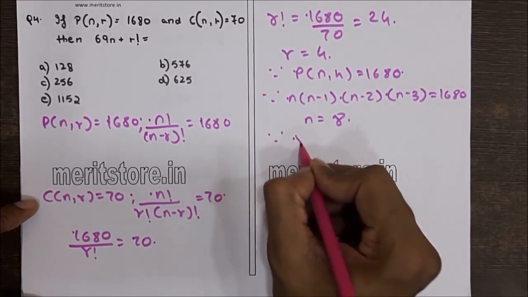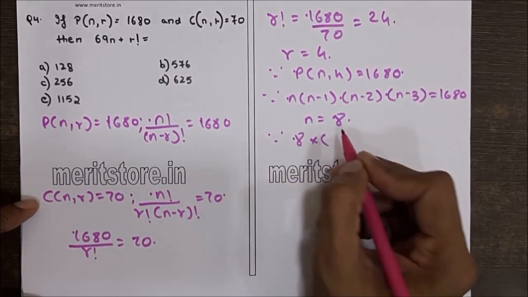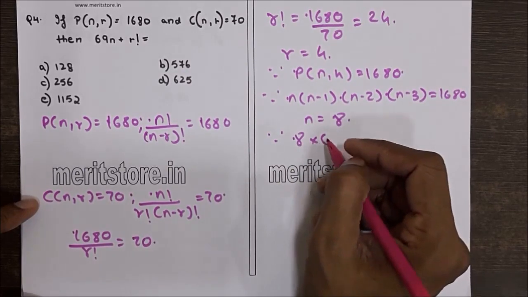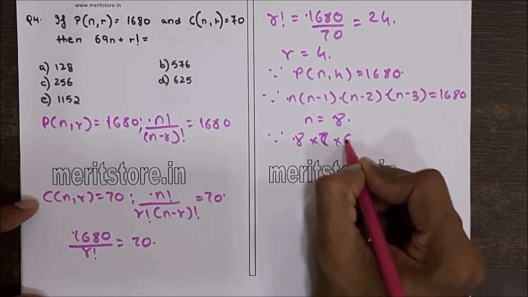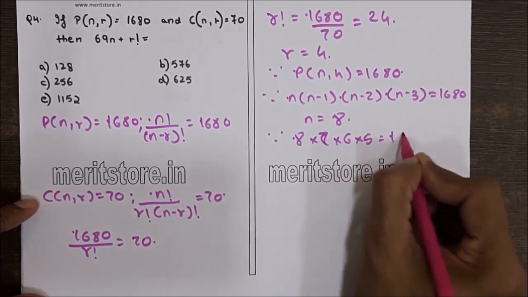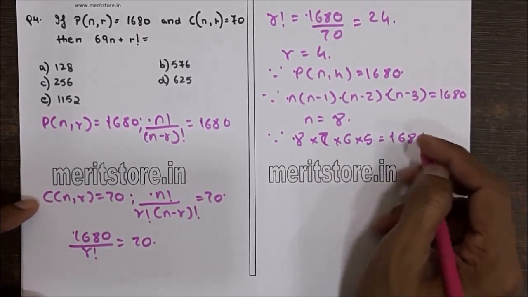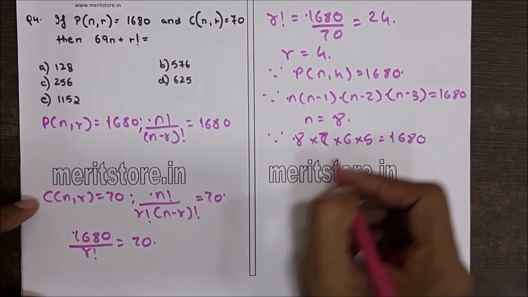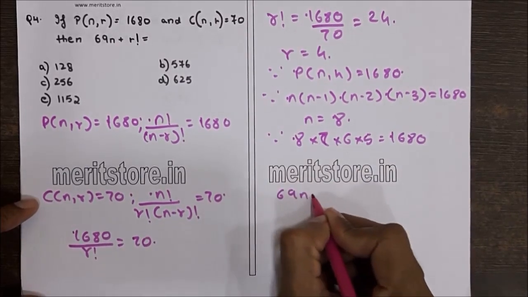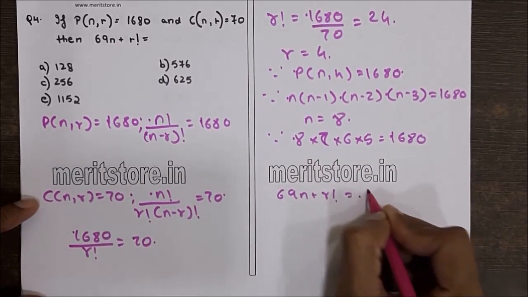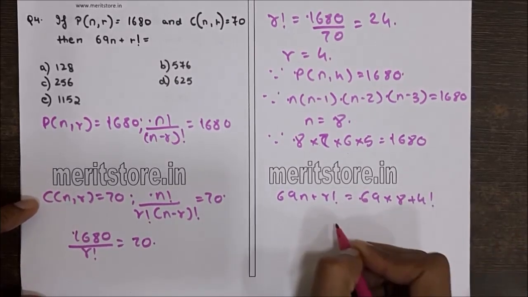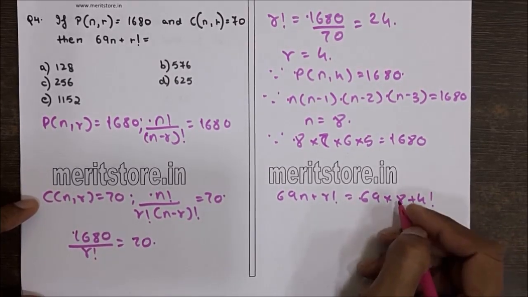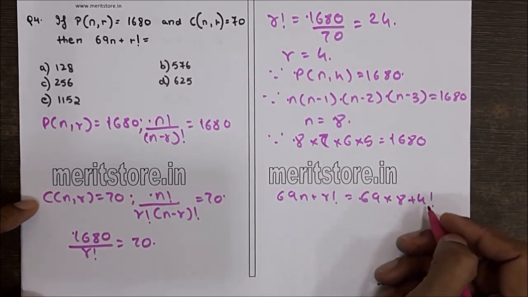So, substituting the value of n, we get 8 into 7 into 6 into 5, which is equal to 1680. That is nothing but 69 into (n plus r) factorial, which is equal to 69 into (8 plus 4) factorial, where we get the value of n as 8 and r as 4.